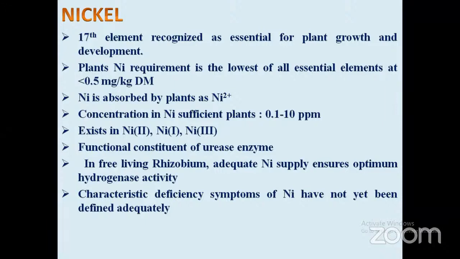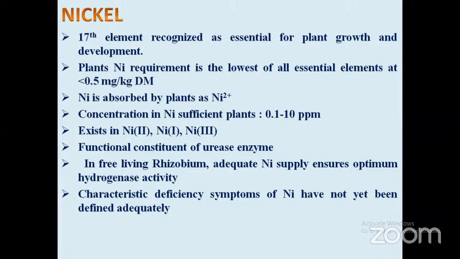No. So in the system where urea is used as the sole nitrogen fertilizer for foliar spray and nickel supply is poor, lower urease activity causes urea toxicity to the foliage. Urease will not work if nickel is absent, and urea will not be converted into the ammonium form. So the plant is not going to take up that urea, but there will be urea toxicity to the foliage because of the lower activity of urease, and this leads to severe necrosis of the root tips.